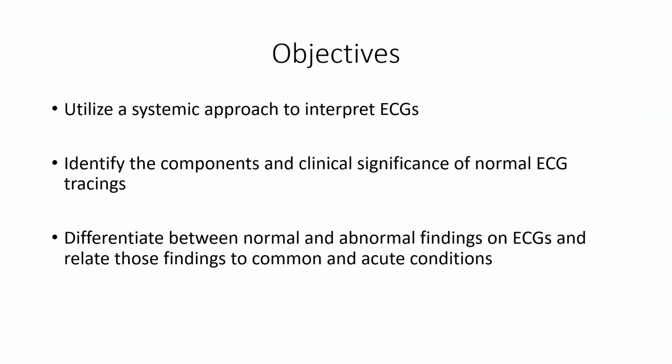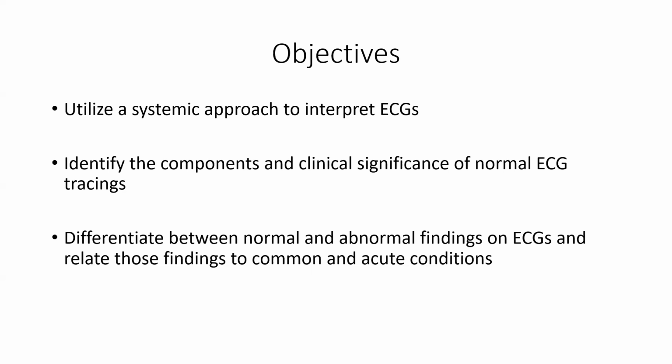So I'm going to go through a systematic approach to interpret EKGs. To be perfectly clear, I'm not sure where you all are starting from or what your background is. This is going to start very basic.